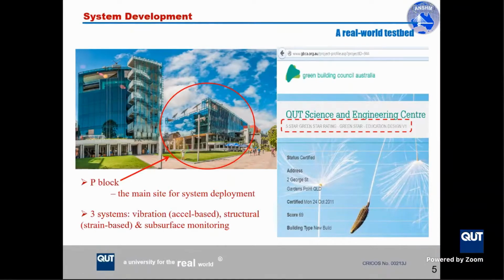We have installed an ANSHM system on this building with 3 subsystems. The first one is a vibration system with accelerometers. The second one is the structural performance system with strain gauges. And the third one is a subsurface monitoring system with acoustic emission sensors.